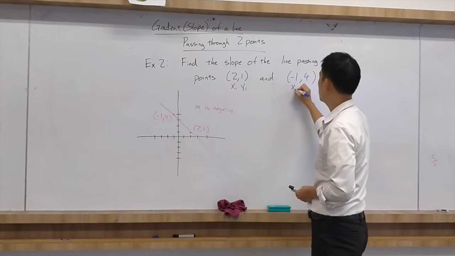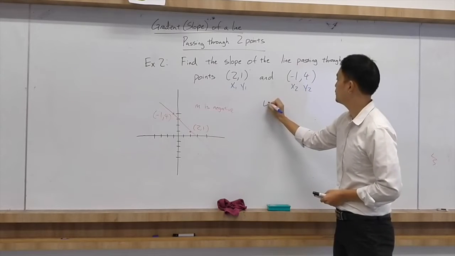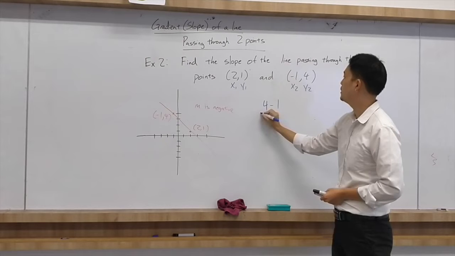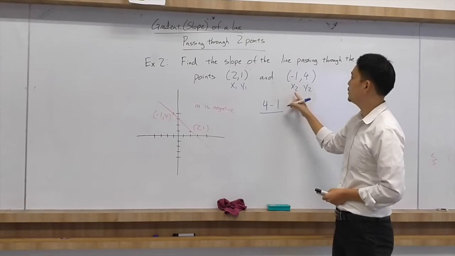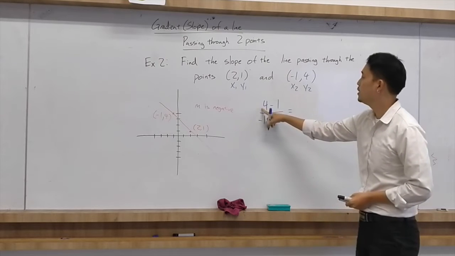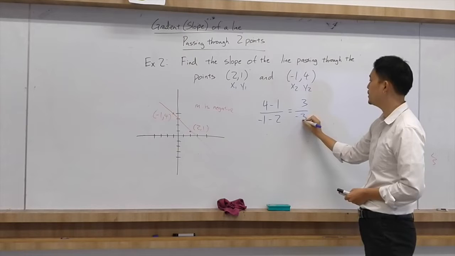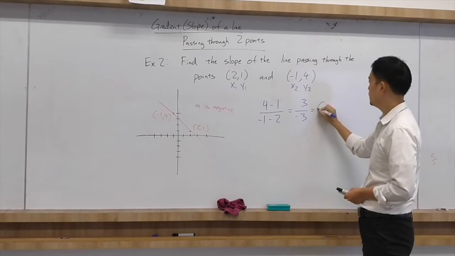We'll set this to be our x2, y2. So we'll say y2 is 4 minus 1 over x2 is negative 1 minus 2. And as you can see, 4 minus 1 is 3. Negative 1 minus 2 is negative 3, so the whole thing comes out to be negative 1. Right?